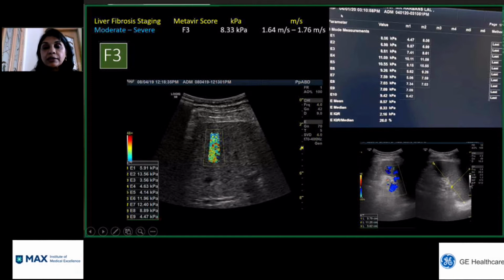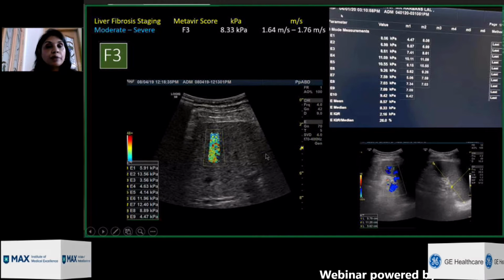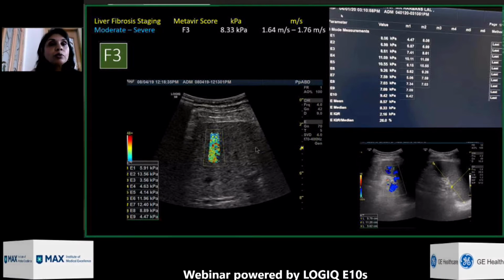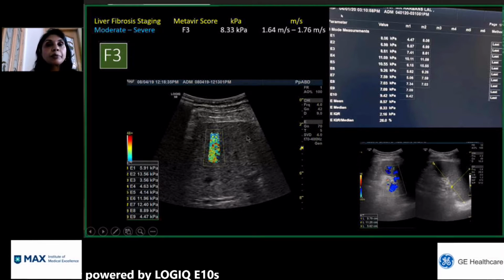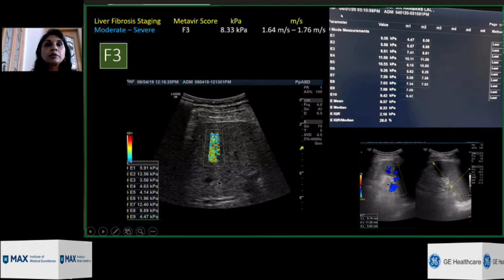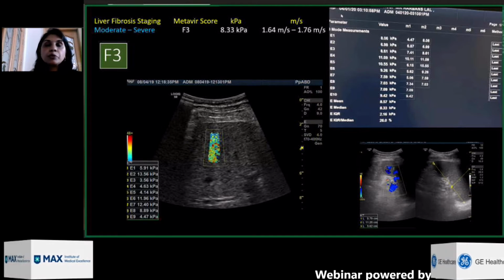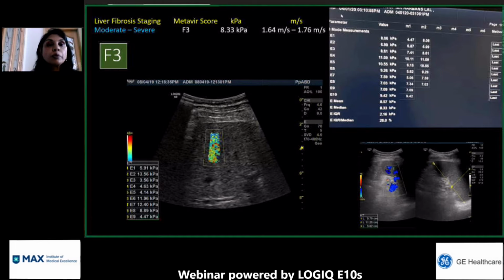The spleen size was borderline enlarged. So we took the elastography of the spleen as well, which was 9.12, we'll come to it later, which eliminated the presence of clinically significant portal hypertension. But this definitely fell in the range of compensated advanced chronic liver disease, even though the patient was asymptomatic. So this gave us quite an insight into where we needed to go with this patient.